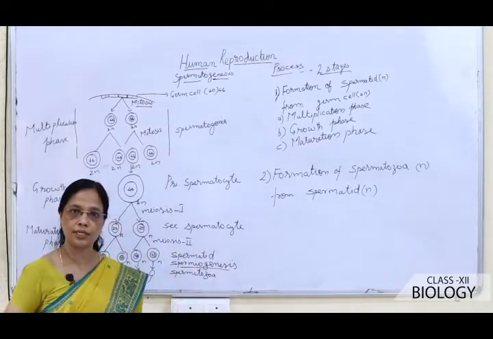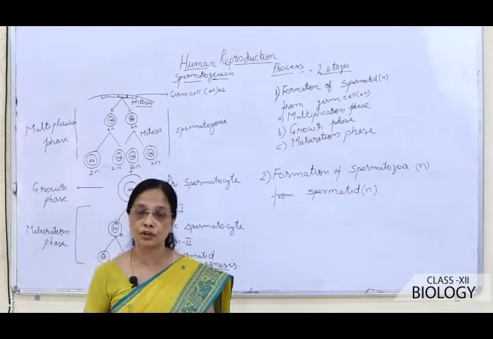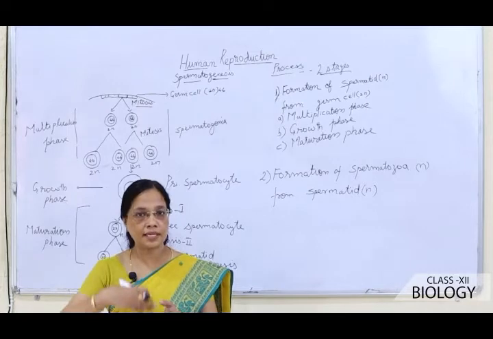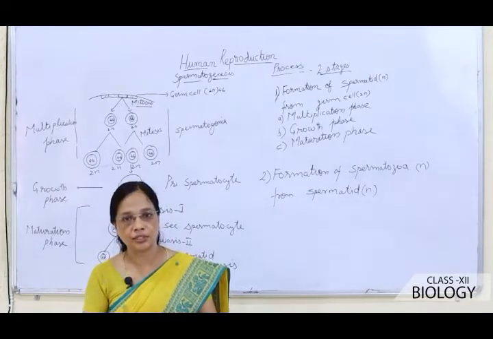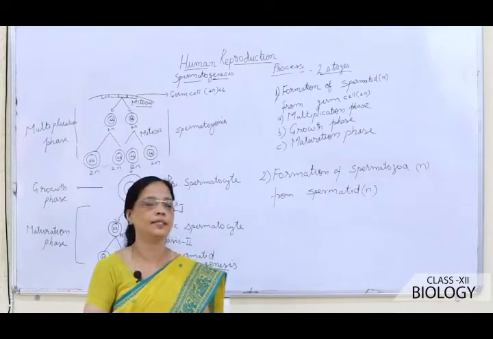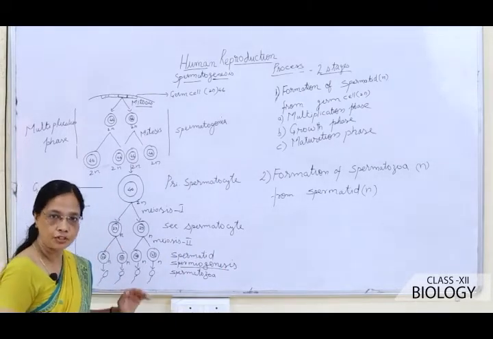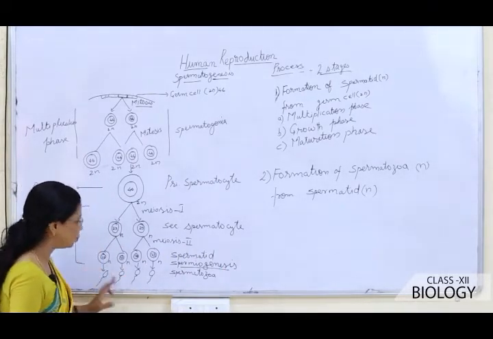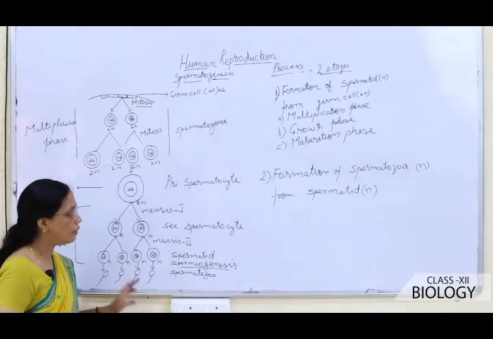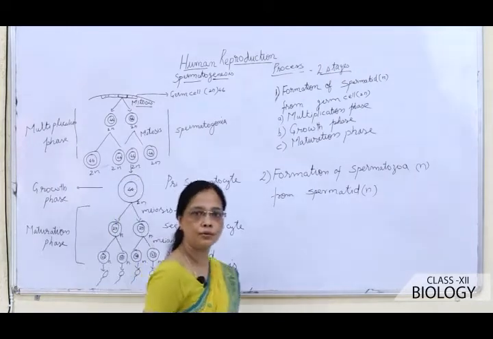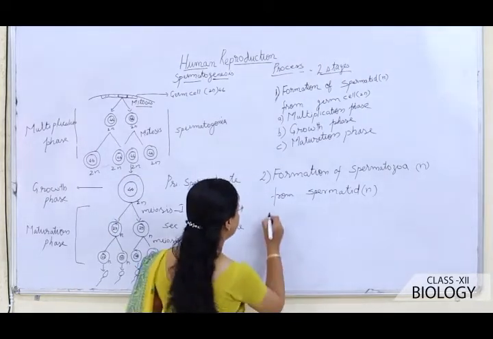What is spermiogenesis? That is the transformation of spermatid into spermatozoa. The shape, function and structure, everything is changed into a spermatozoa. Now we will see what are the changes which take place during spermiogenesis.